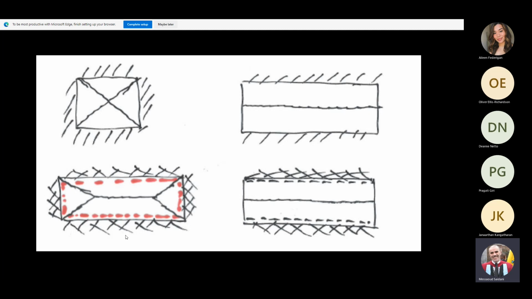This example, bottom left corner, we have a rectangular slab, but fixed on 4 edges. So fixed on 4 edges. So you have got the yield lines here in black pen. So what is in red here?